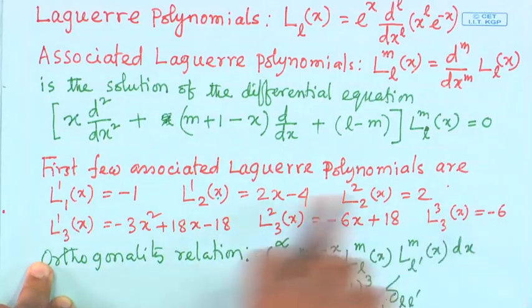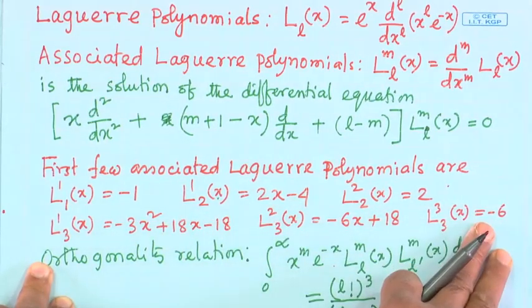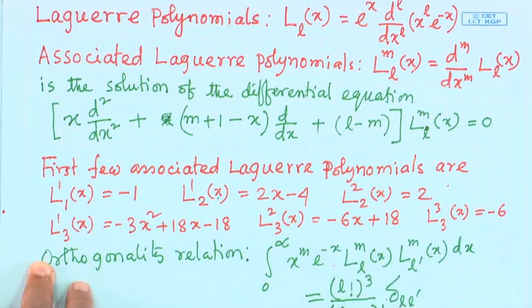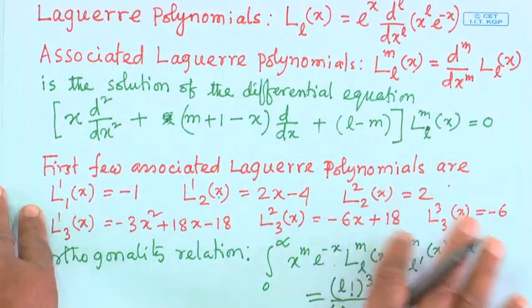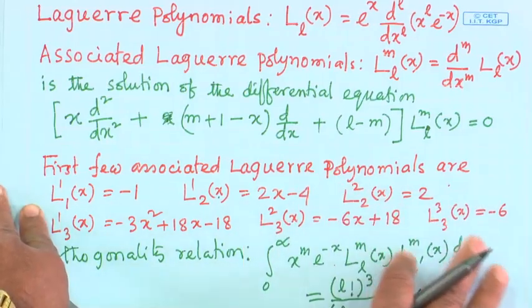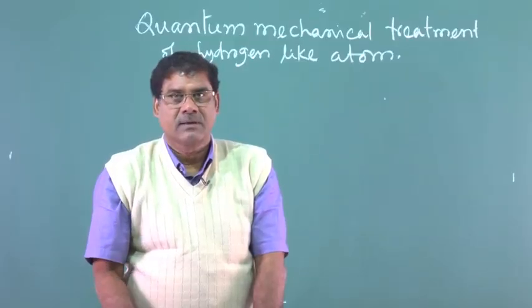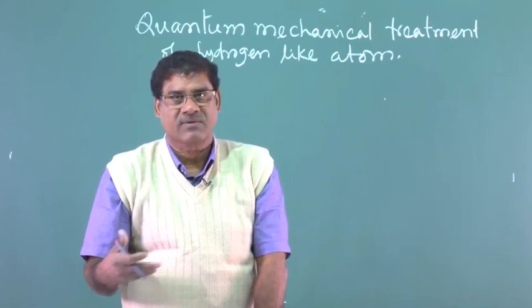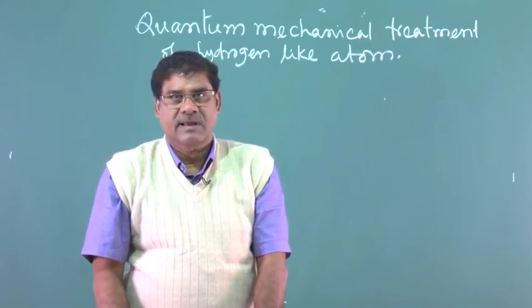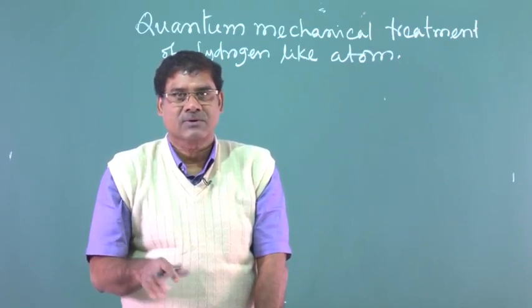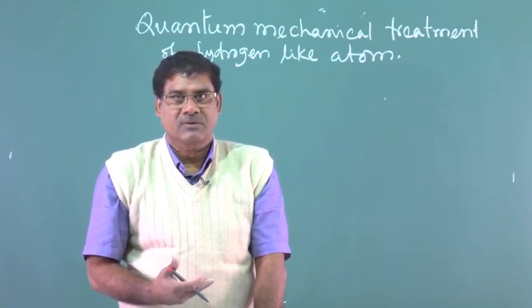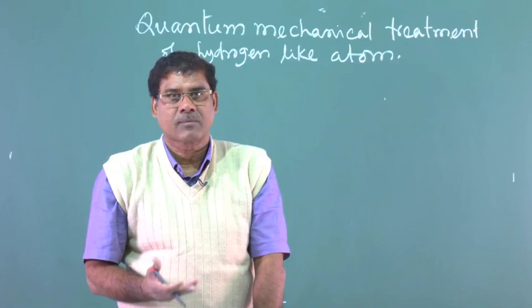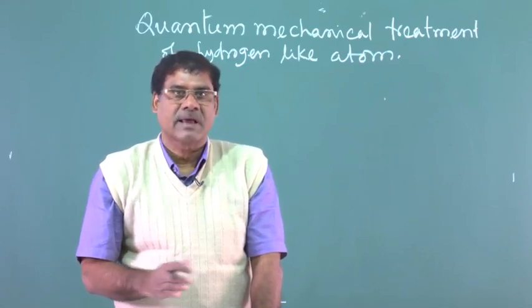These are the polynomials for the first few values of L and M L. These are standard things, and we use them to find the solution for a particular physical system. In the harmonic oscillator, the solution is in terms of Hermite polynomials. In a hydrogen-like atom, the solutions are in terms of Legendre polynomials, Laguerre polynomials or their associated forms.